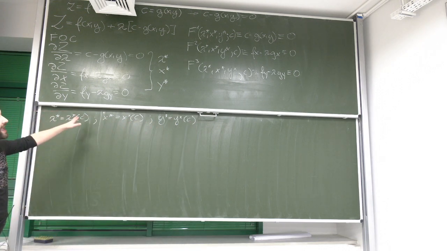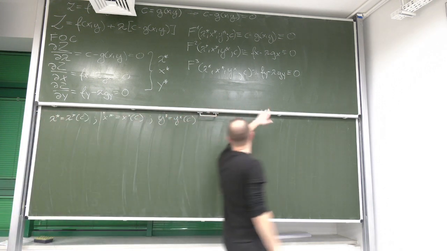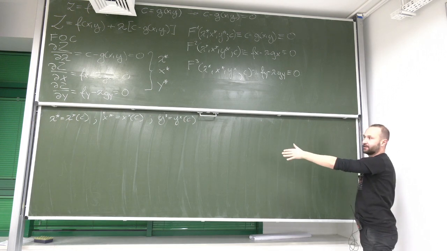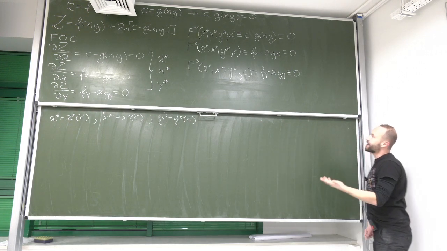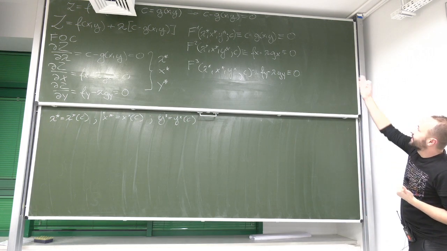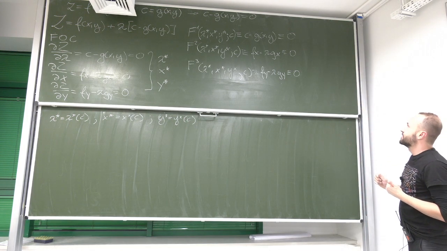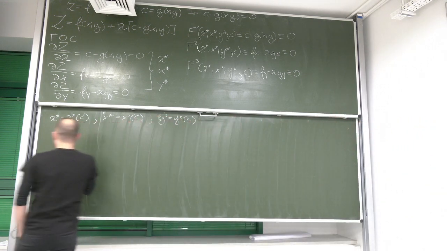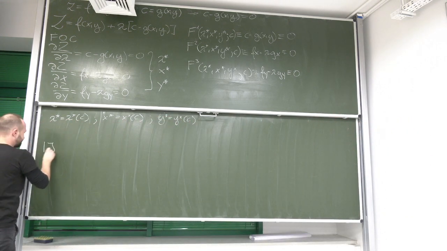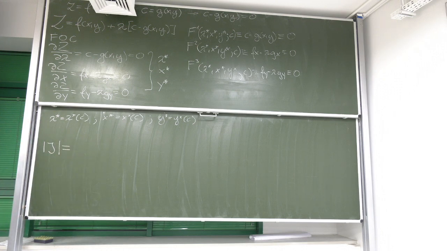Okay, so when is this system implying this one? Well, we know that in order to check it, all we need to do is to take the system and calculate its Jacobian, right? So let's do it. What is our Jacobian going to be?